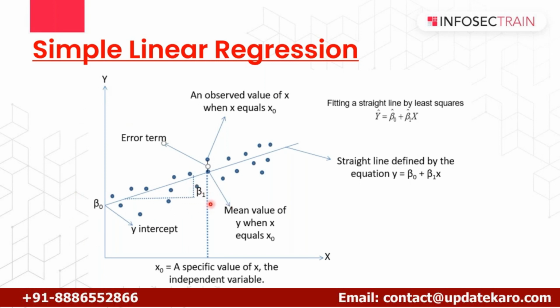It is the rate of change of Y with respect to X. As you know, if X is changing, Y is also changing. We'll go with the practical, then you will understand all of these things.